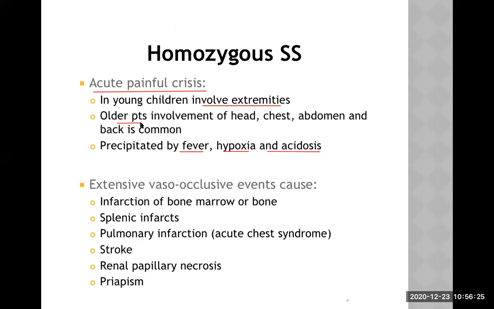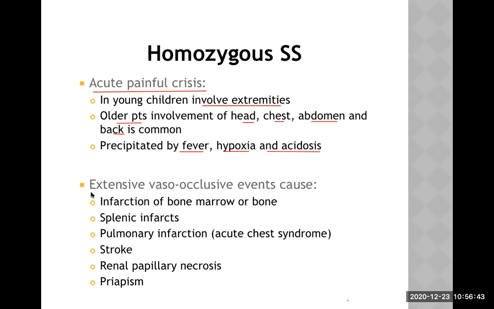Older patients have problems in the head, chest, abdomen, and back. The mechanism is again the same. It is caused by blockage of the smaller blood vessels which supply this area. So this is an ischemic type of pain.